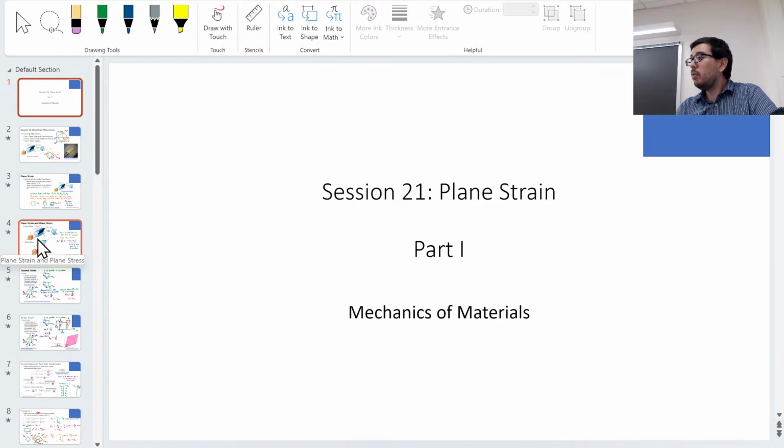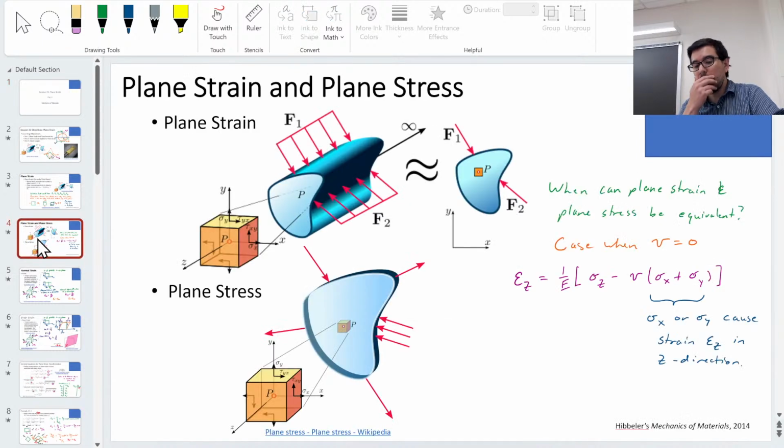What's a little different here is that we are typically looking at pieces of material that are thick. That doesn't come out too much in the work we're doing here, but it's something to keep in mind, because we're going to look at strain gauges.